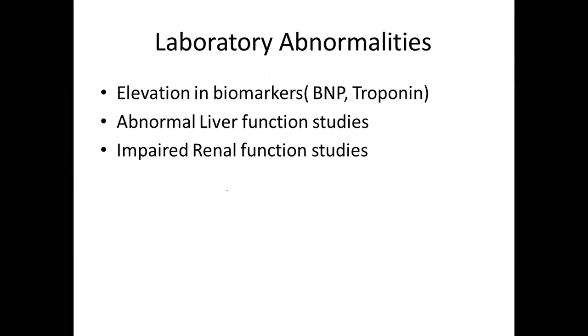Raised BNP and troponin indicate the patient has a worse prognosis, and sometimes they can be used for follow-up of treatment. And patients with long-standing right side heart failure have hepatic congestion. So later on, we may have findings which suggest congestive hepatopathy, more predominantly of cholestatic type, but at an early stage, patients can have raised transaminases, and they can also have low albumin.